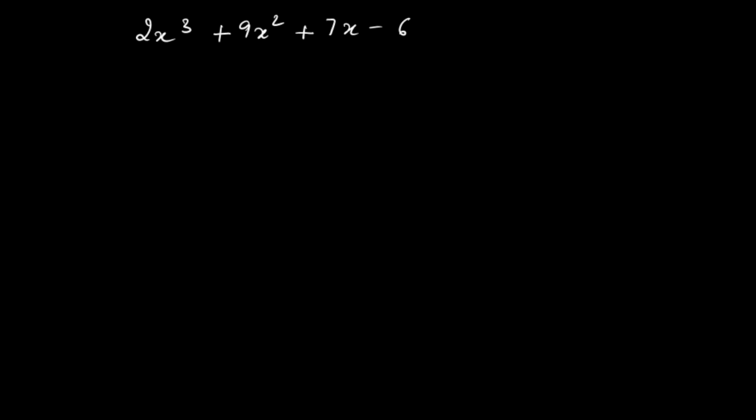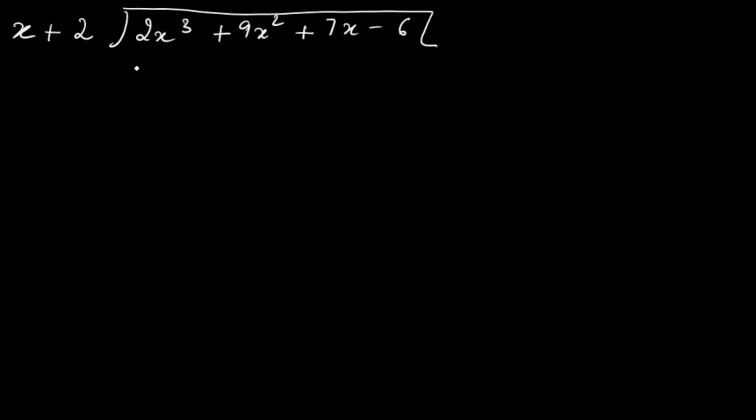Yes, we will use the long division method. We will divide the given polynomial by one of the factors which we have found. As x plus 2 is a factor, we will divide by x plus 2, and then we will be able to find the next two factors.